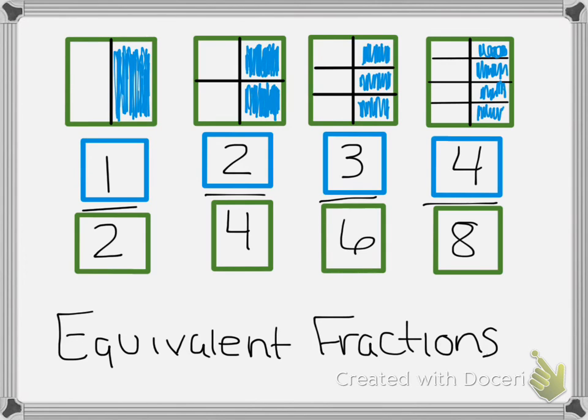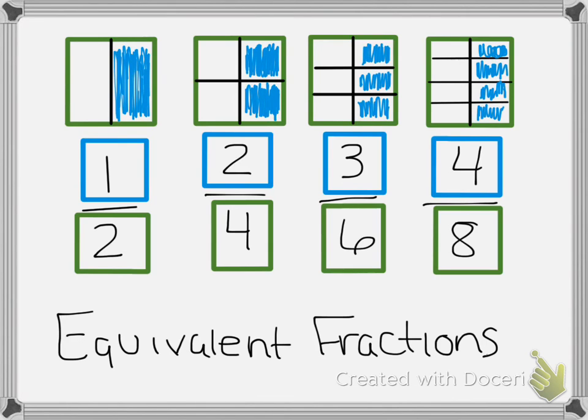So now hopefully what you realize by just looking at these visuals is they all have the same amount shaded as they do unshaded, and all 4 visuals are equivalent or the same.